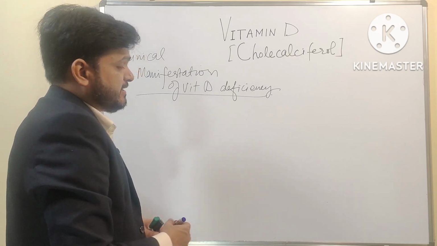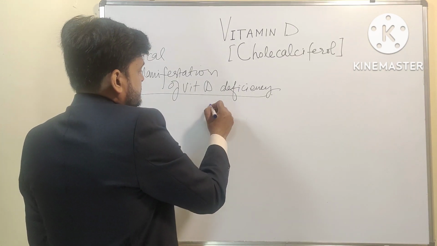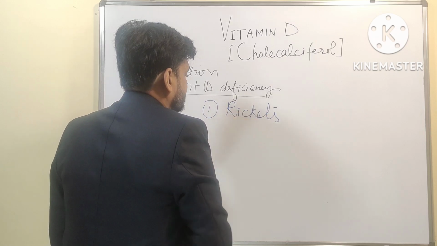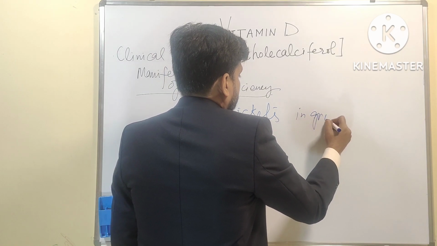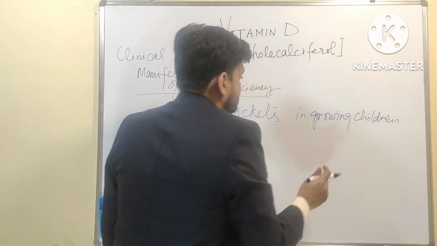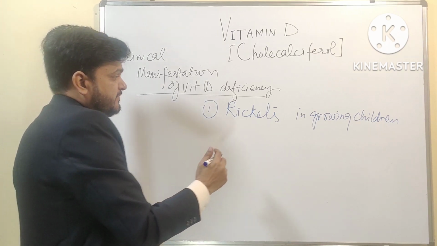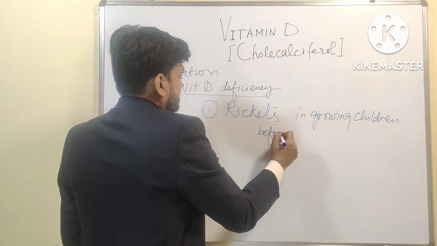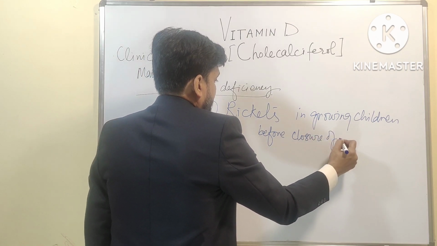Now coming to the clinical manifestations of vitamin D deficiency. Since childhood, we all know that if anyone has a vitamin D deficiency, the most common disorder that comes to mind is rickets, in growing children. Rickets is said to occur if the deficiency occurs before closure of the epiphyseal plate.